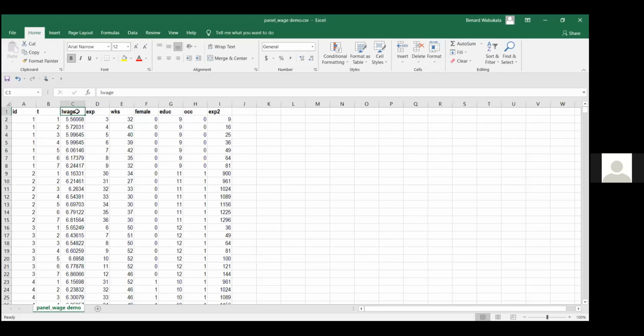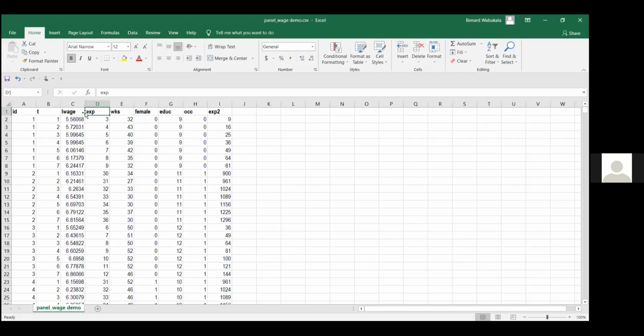We should have had wages themselves in levels, but here we only have the log. EXP is one variable they used, the experience of that person, being a determinant of how much they would earn per week.